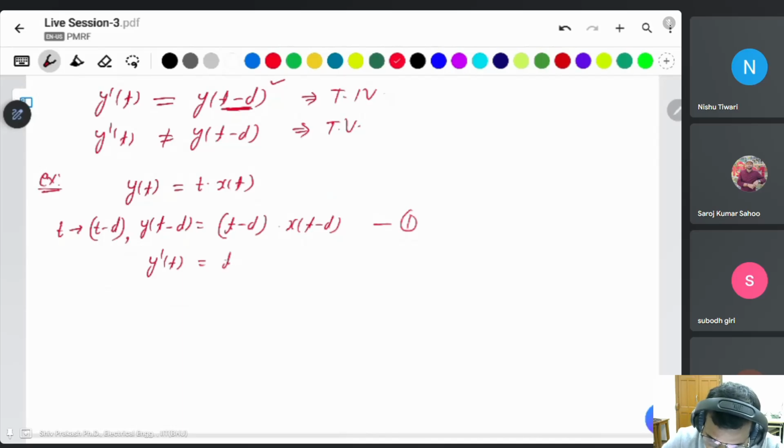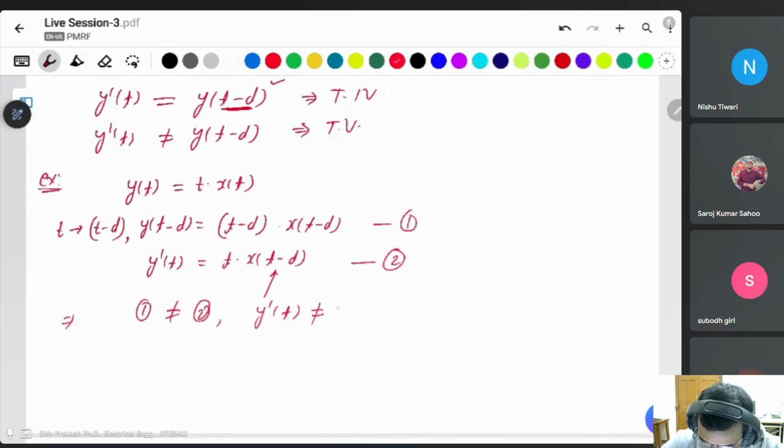It will be t times x(t minus d), with the delay provided only on the input. This is equation number 2. You can see equation one is not equal to equation two, or you can say y dash t is not equal to y(t minus d).